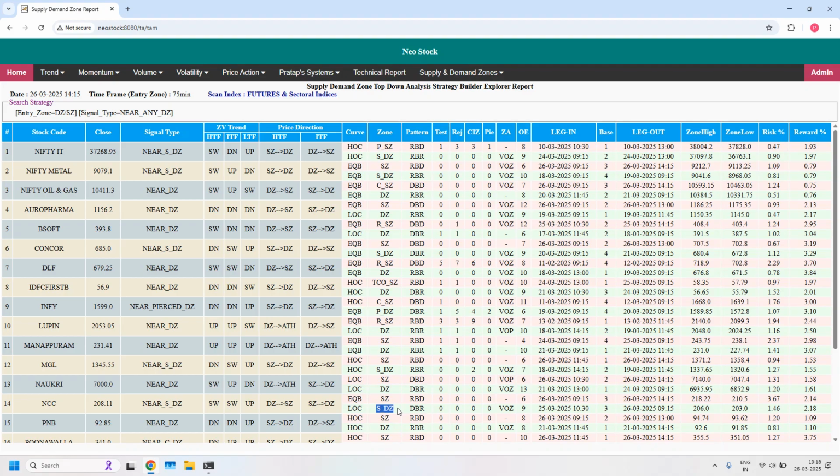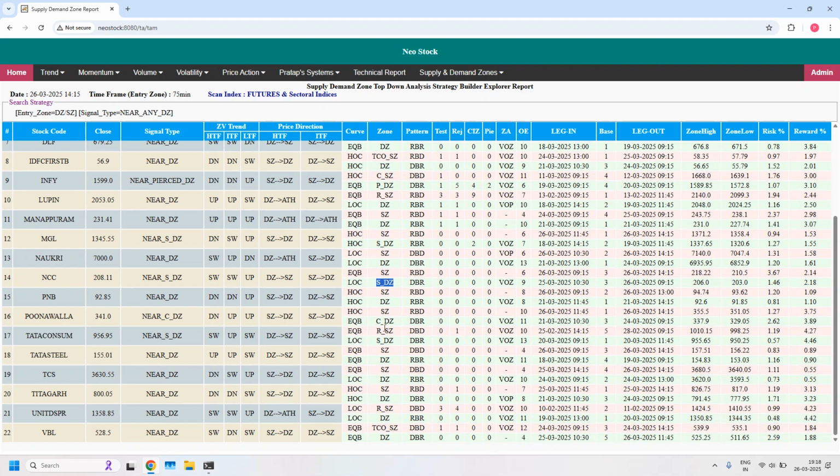NCC is having a high liquidity zone. Poonawalla is having a high liquidity zone. Tata Consumer is having a high liquidity zone. And no more high liquidity zones.